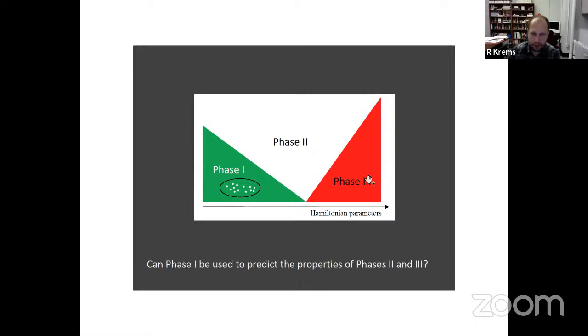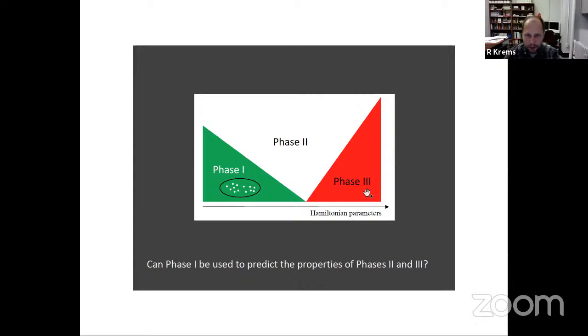Let's say you have a system with multiple quantum phases, and let's say you know the properties of the system in one of the phases. The question that we were trying to address in this study was whether one can actually build Gaussian processes that could take this information on input and predict the locations of the phase transitions as well as the properties of the system in the other phases.